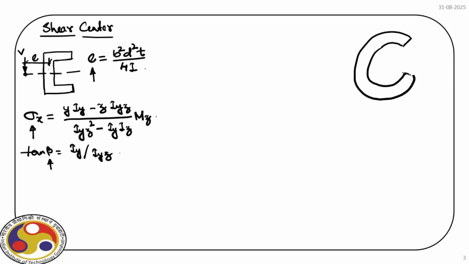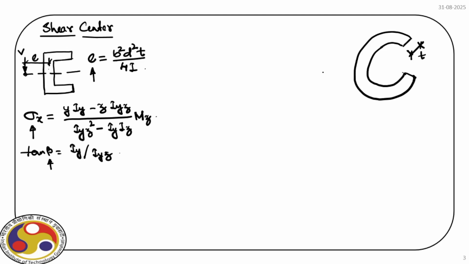Say this is the shape of the channel section whose thickness is t, and for such a section, what is the location of the shear center?